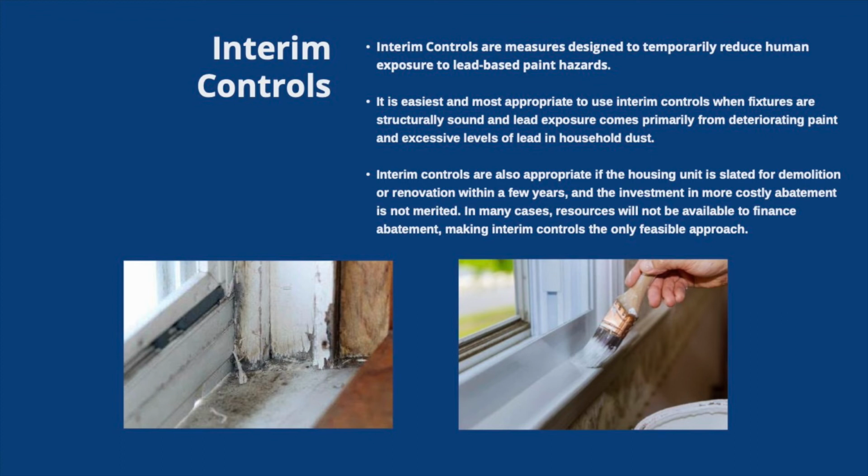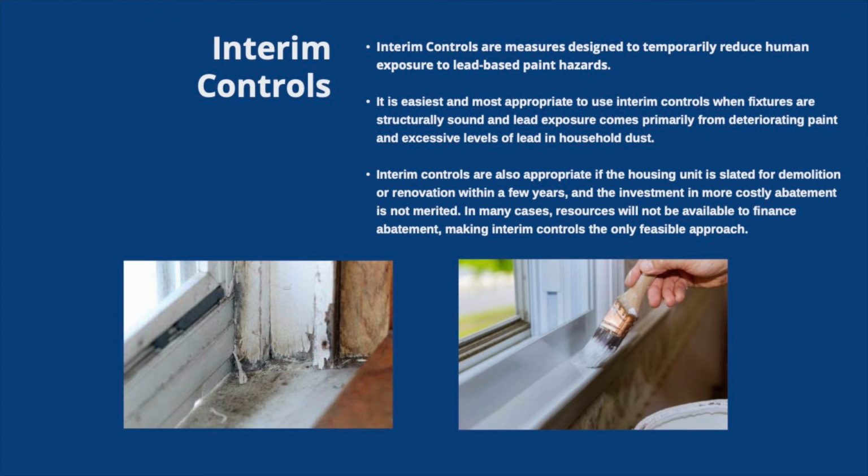Interim controls are also really appropriate if you're going to be undertaking some pretty extreme renovation or even demolition in the next few years, because it will be making the home more safe, and the more costly abatement is not always warranted in those situations.